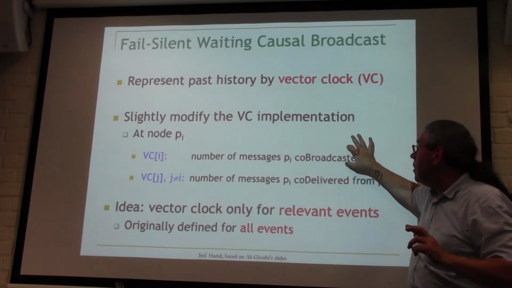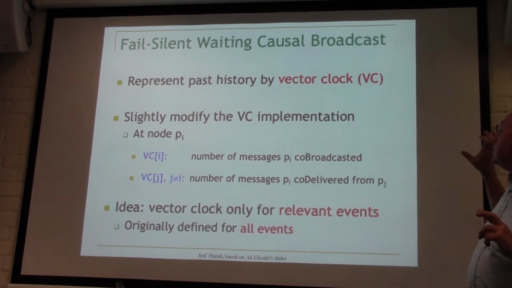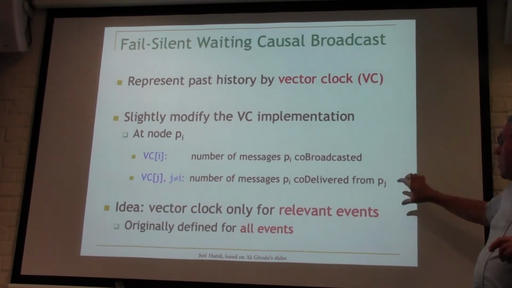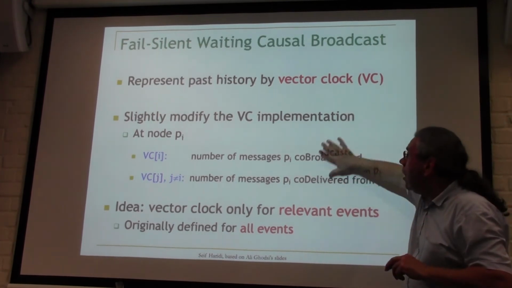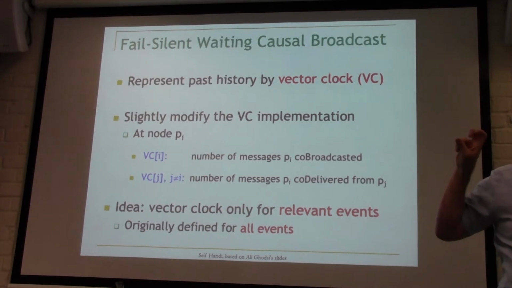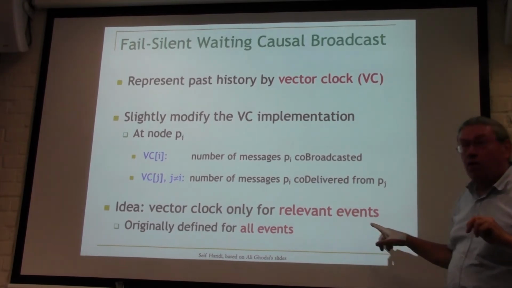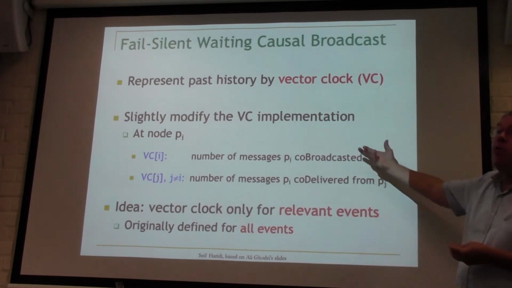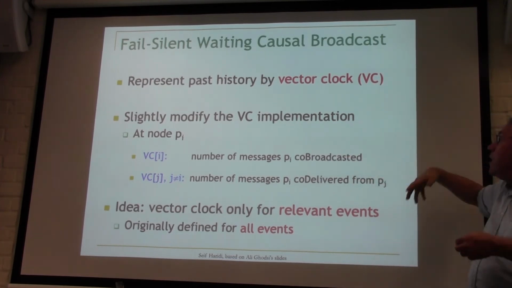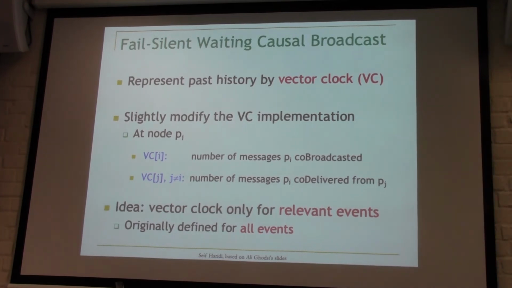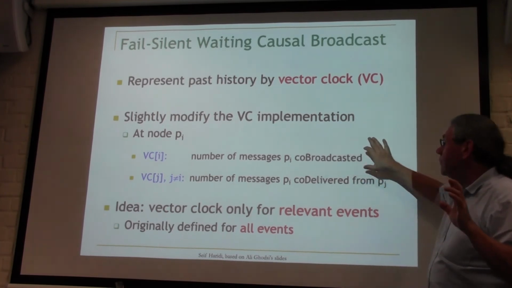We're only counting the number of broadcasts and CL deliveries. So it's like a customized version of the vector clock that's only counting the events that are important for us, which are the broadcast events. If the algorithm is doing other stuff, we don't care. We only care about the broadcast events.